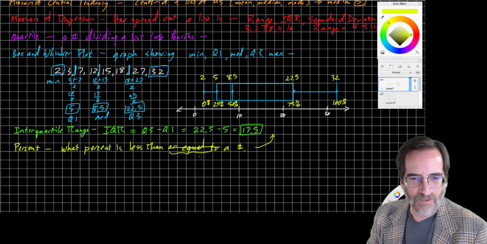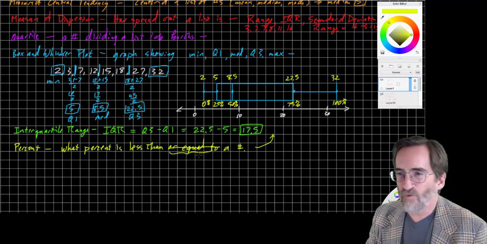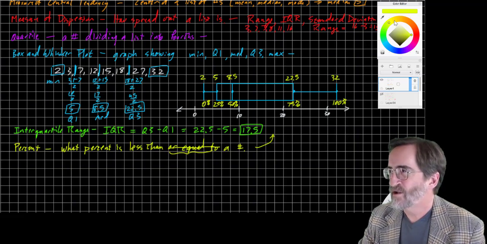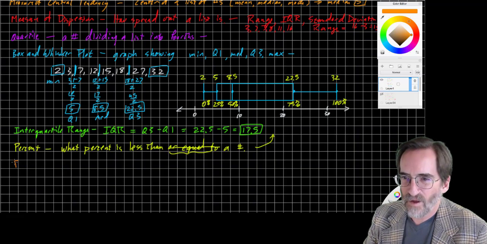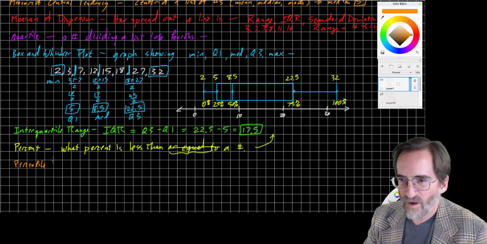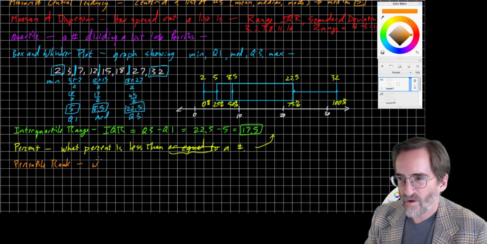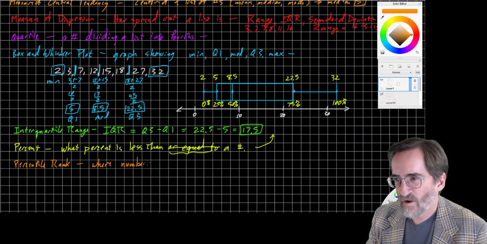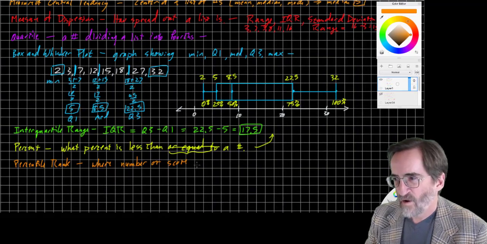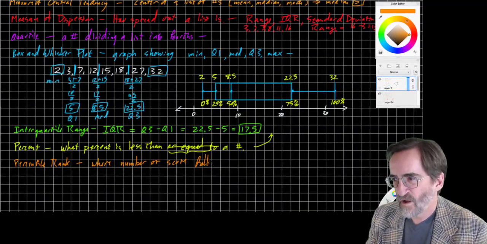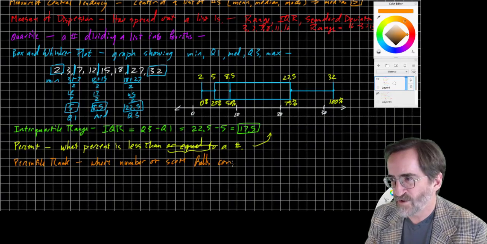Percentile rank. Okay, percentile rank: where a number or score falls compared to the other numbers.